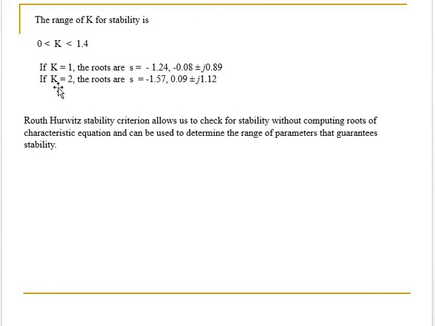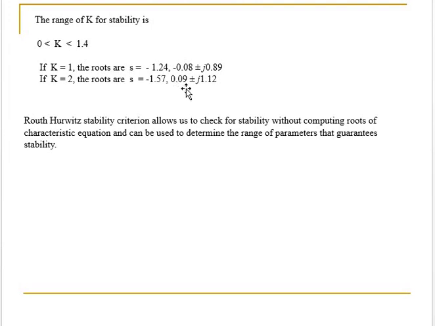And then if you see here, if K is more than 1.4, for example K equal to 2, the system is unstable, because you see here the real part of the complex root is positive. It means the system is unstable.